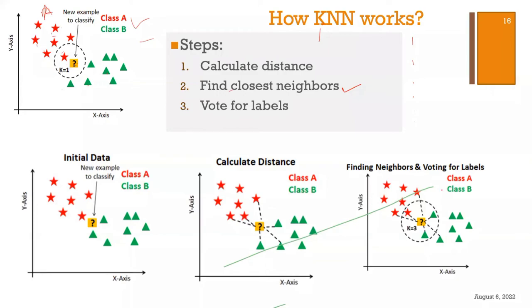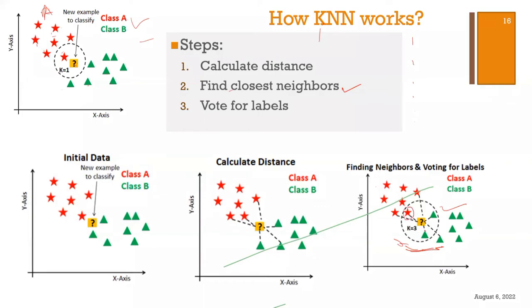But if I want my neighbors to be maybe 3, like in this example, I have 3 closest neighbors. So we use 3 nearest neighbors as an example. You look at the distances.